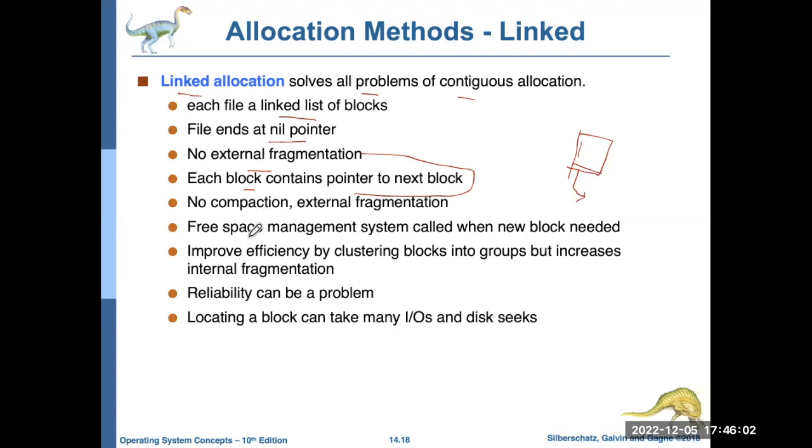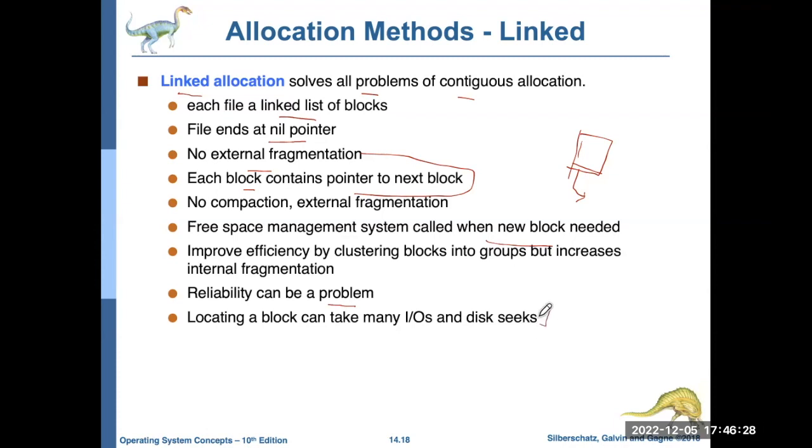Whenever a new block is needed, the free space management system is called. Reliability can be a problem, and locating a block can take many IOs and a disk seek.